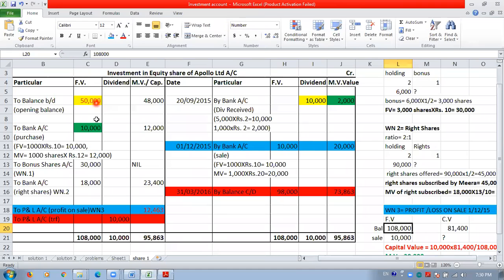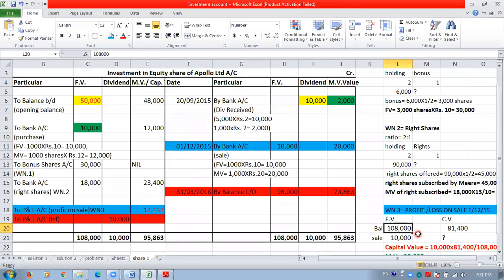So 50,000 plus 10,000 plus 30,000 plus 18,000, so it is 1 lakh 8,000. And if any credit is there, then you have to deduct, but it is not here in the case of Meera. So we can't deduct anything, and the total of the debit side is simply 1 lakh 8,000.